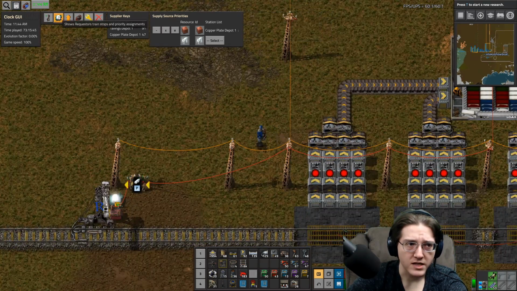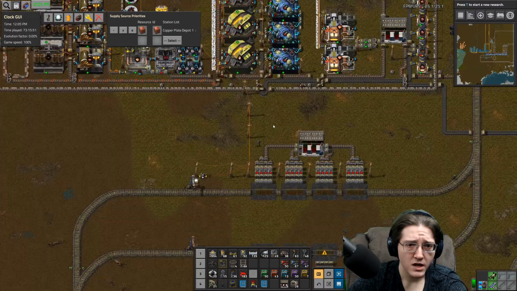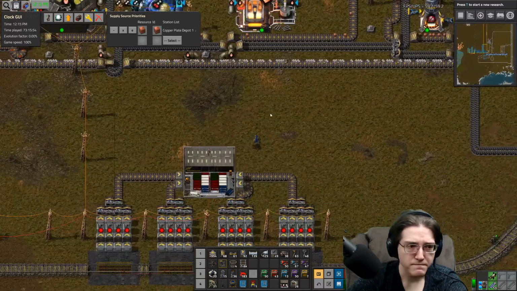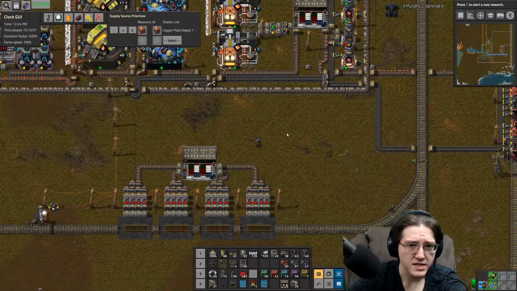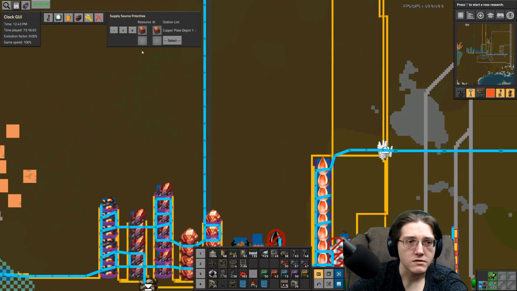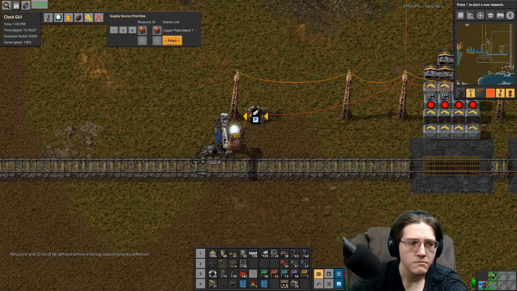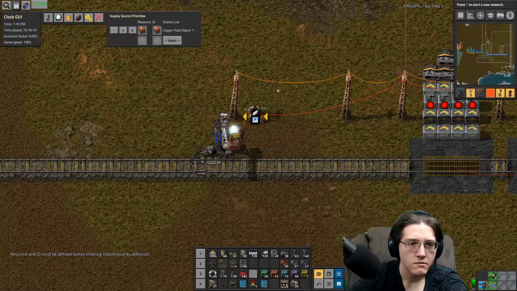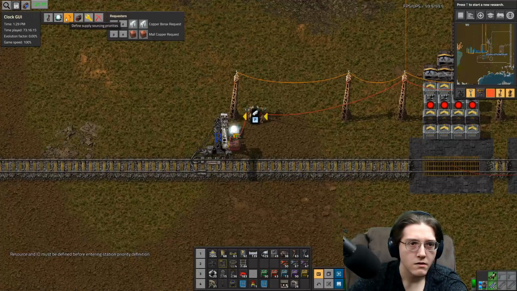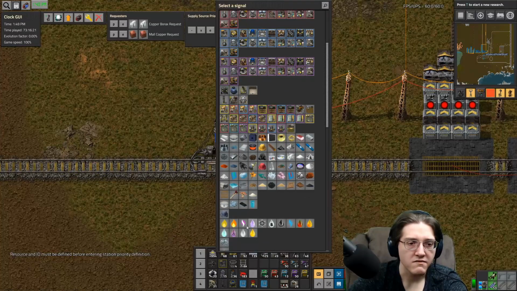It might be because the train doesn't have a path back to the supply station. So let's take care of that next. I think that's the case. I may need to look at... Why did it not... Oh, it didn't actually save.